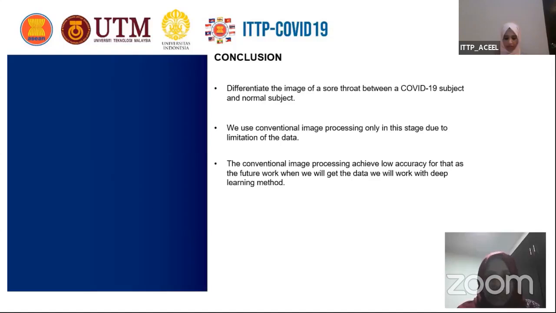Conventional image processing achieves low accuracy. For that, as future work, when we get the data, we will work with the deep learning method in order to make a free, low-cost assessment for COVID-19 based on sore throat condition.